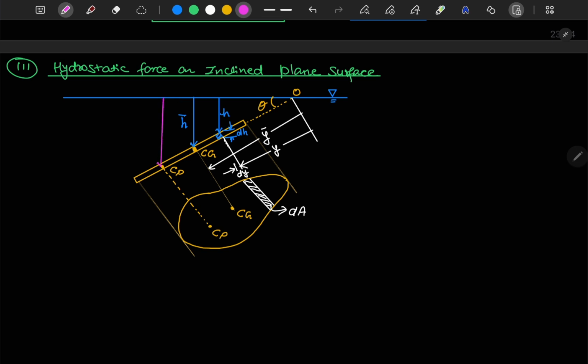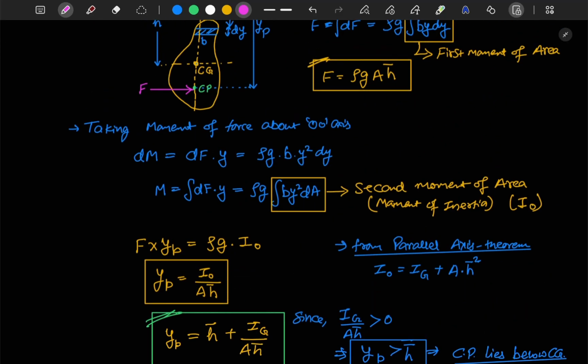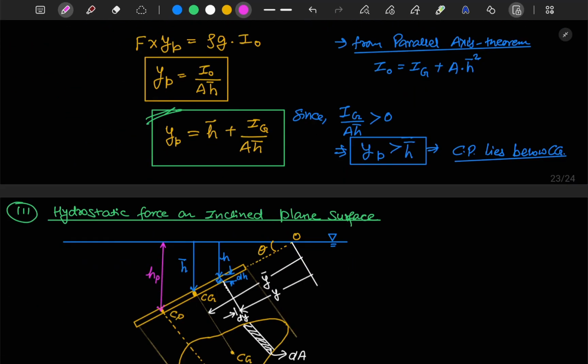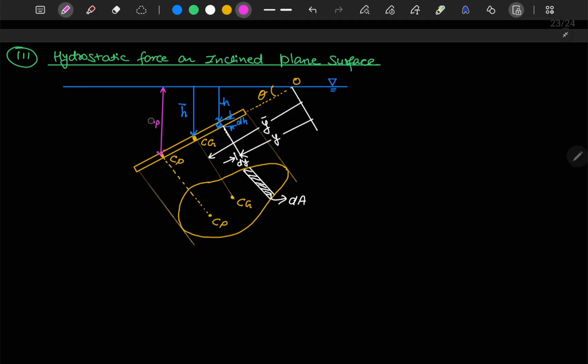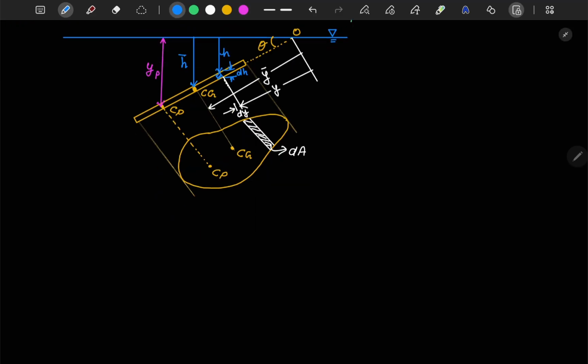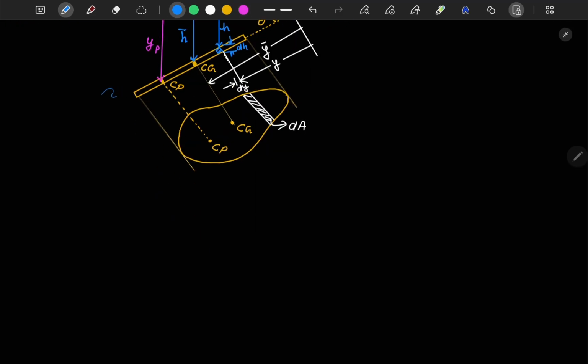This distance here is HP, or here we have considered this as YP, so let's write YP only. Now this view here is your edge view of the plate.